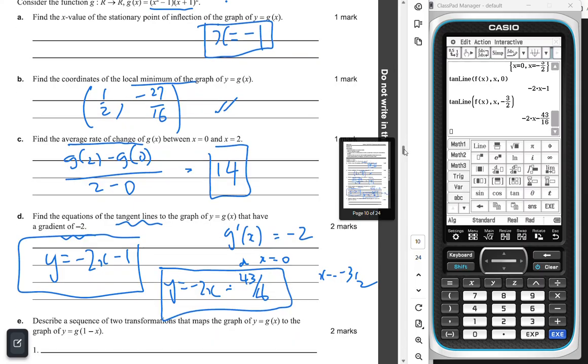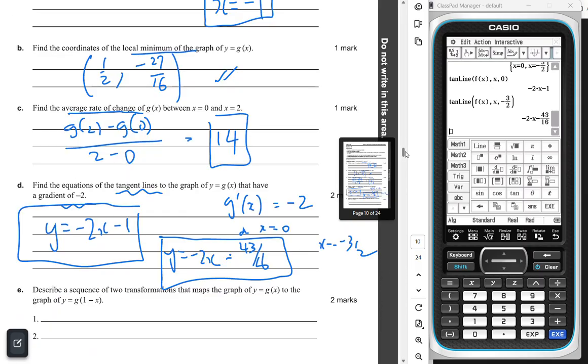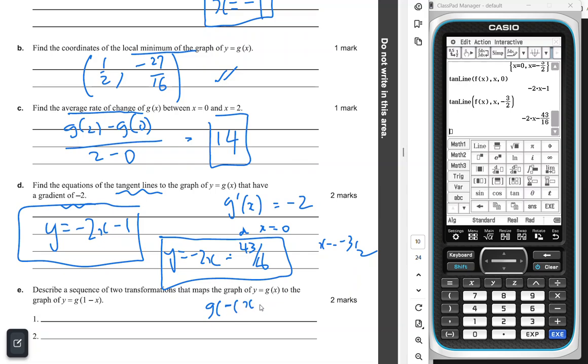Okay, so describe the transformations that take the graph of g to g of minus x minus 1. Therefore, the negative will be a reflection over the y-axis, and this will be -1, so a translation right 1 unit.